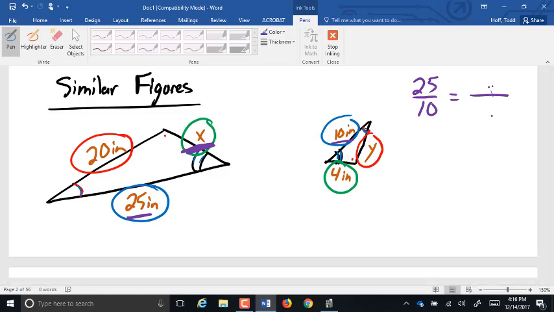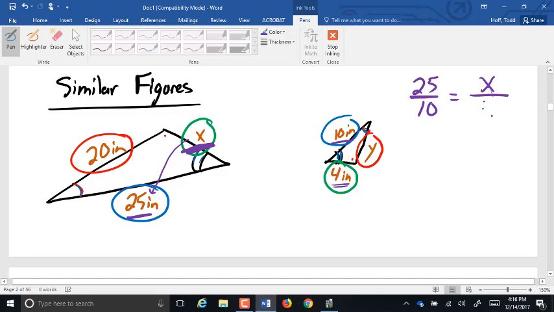Remember, our proportions are all about relationships. It goes on top. It is from the same triangle as the 25, so it goes on top with the 25. What goes below it then is the corresponding side from the other triangle, which is the 4. Good. So we cross multiply. 25 times 4 is 100. And then we divide by the 10. X is 10. This is 10 inches.